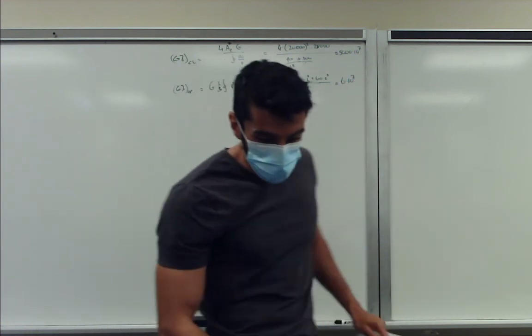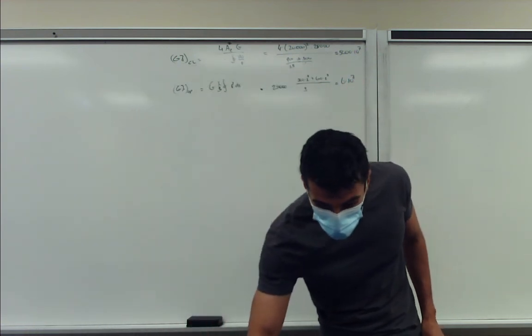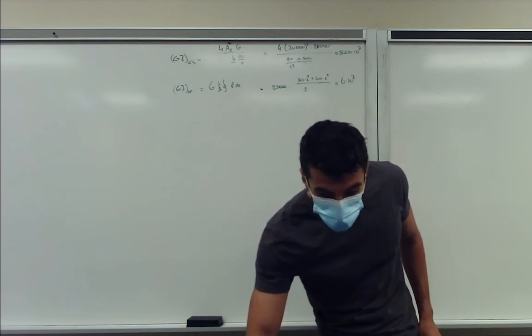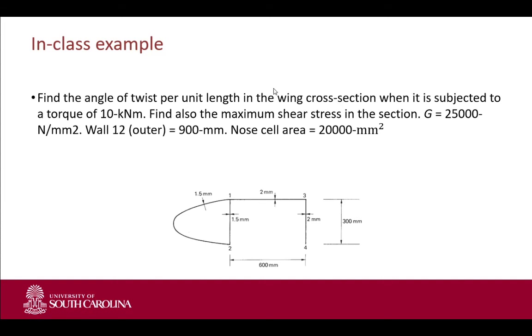I'll go to the slides to explain a bit what I did. So we have to take a couple of things into account. We basically separate this into two components: a closed section, from 1 to 2, including this vertical flange, and an open section, 1, 3, and 4.